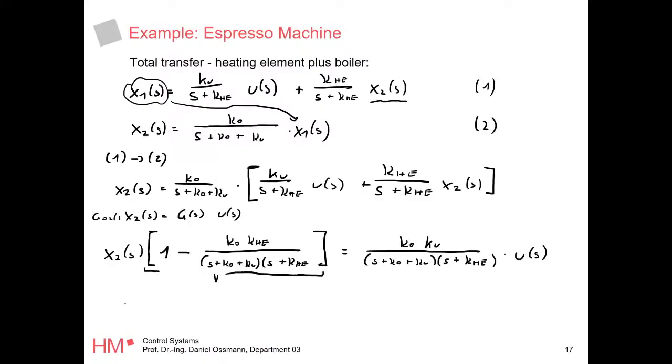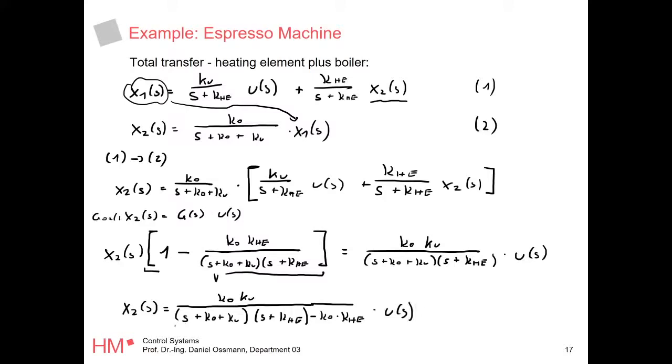Okay, I did that already. I'm saving a little bit of time, and what you get out is kappa O times Ku, over S plus kappa O plus kappa U times S plus kappa heating element, minus kappa O times kappa heating element, times U of S. So this is the transfer function of the espresso machine.